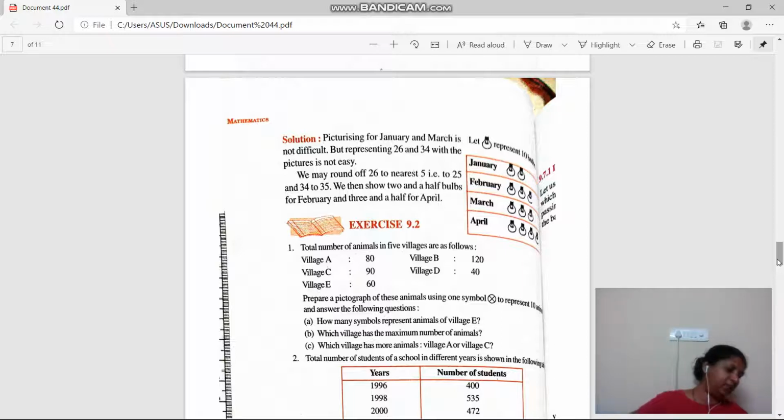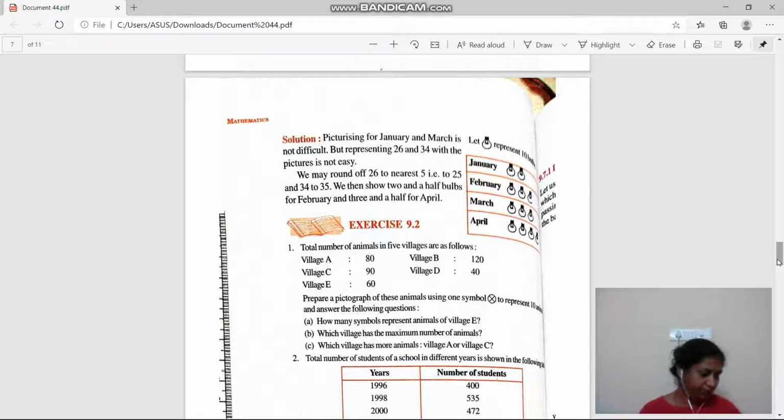Then next question, what is the total number of tractors in all 5 villages? So we have to make the addition of tractors. So let's count 1, 2, 3, 4, 5, 6, 7, 8, 9, 10, 11, 12, 13, 14, 15, 16, 17, 18, 19, 20, 22, 24, 26 and 28.